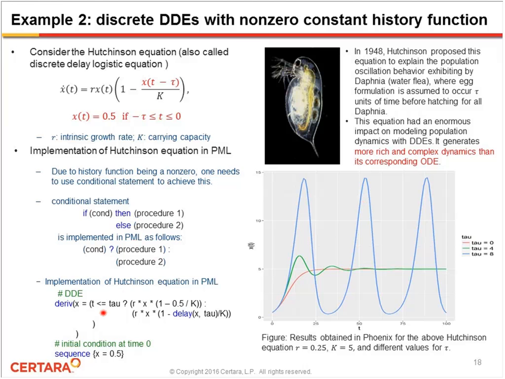So basically at t less than or equal to tau, you simply plug this history function inside here, as we got here. After that, we use the delay function to do it. Here we just specify x at time t equal to 0 is 0.5.